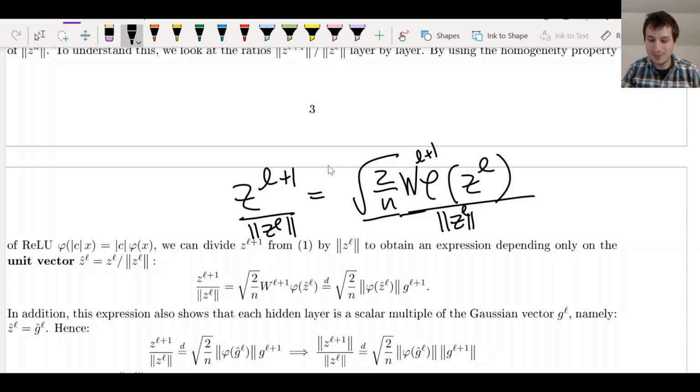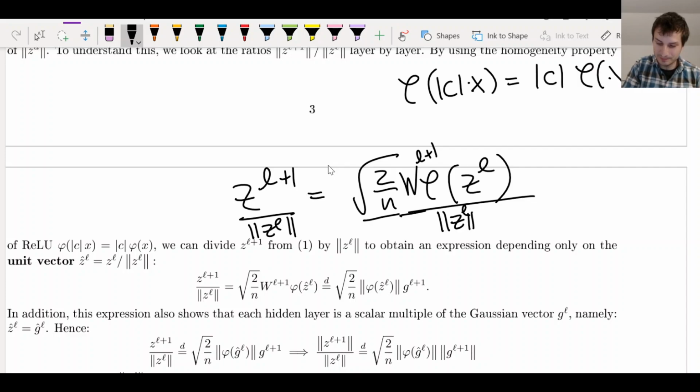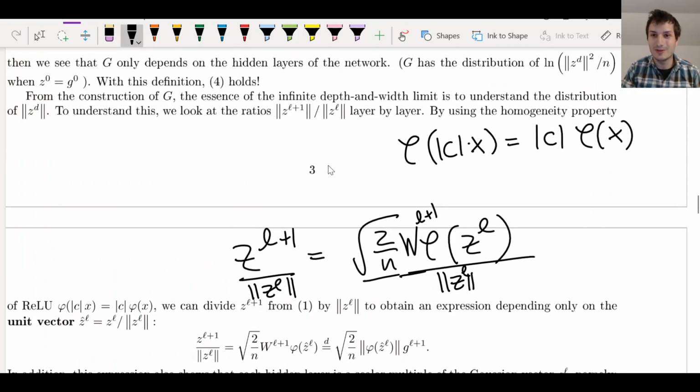And now I'm going to use a funny property of the ReLU function, which is that the ReLU function is homogeneous. So if you do phi of a constant times x, you can pull the constant in and out of the ReLU function. This is called homogeneity of the ReLU function. So you can pull constants in and out.